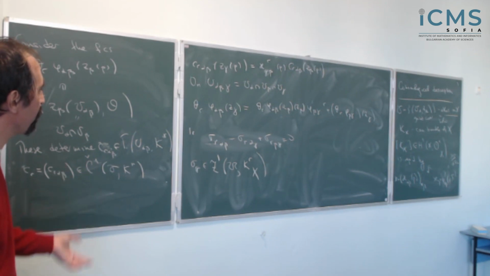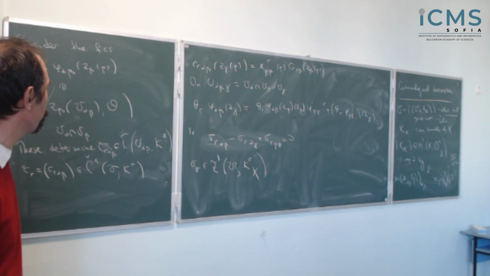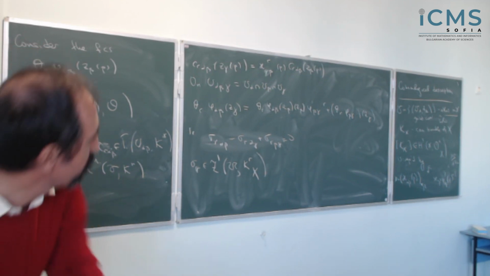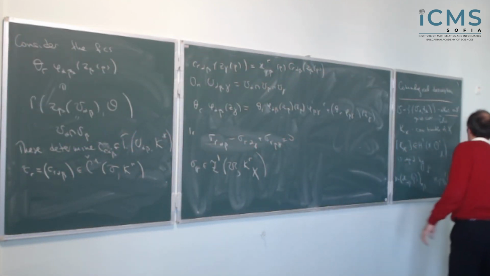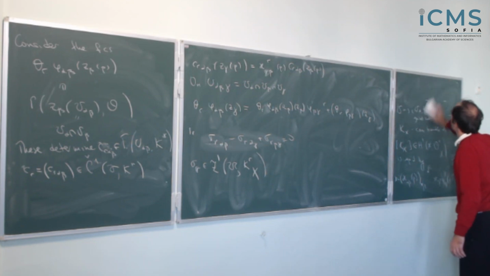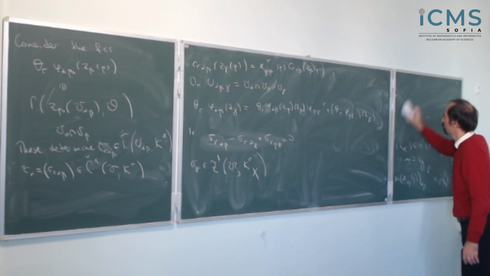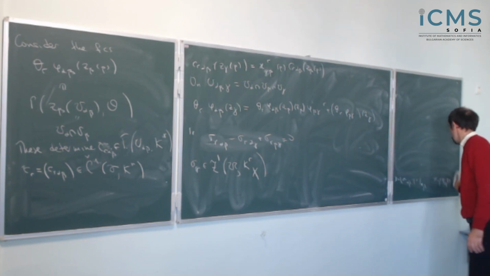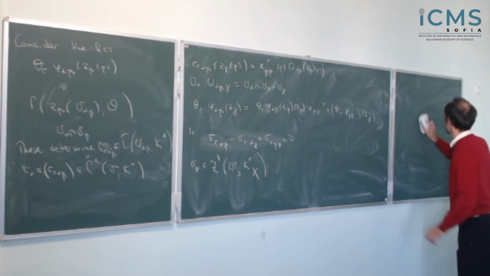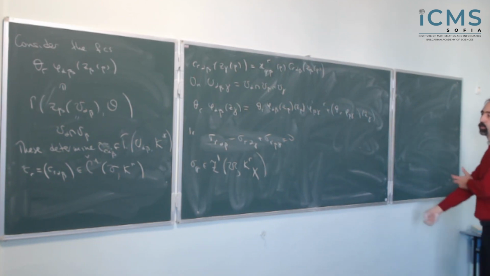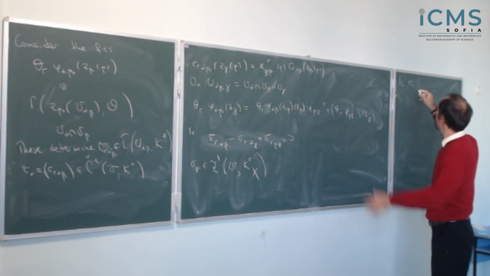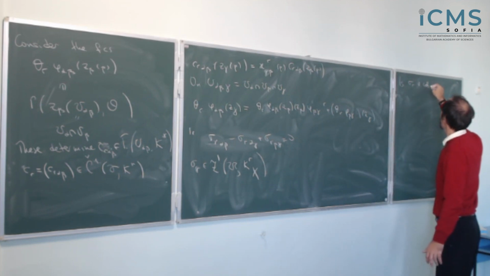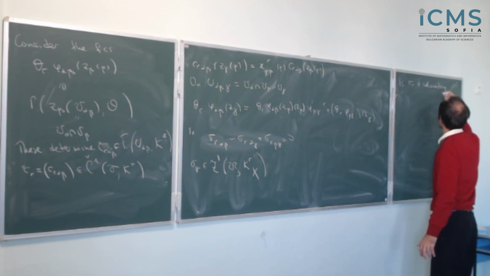So we immediately have some conditions. For example, let's put this in the question. Is this sigma I, and the two of them, a coboundary, right?